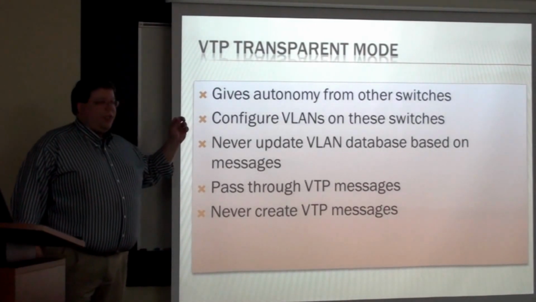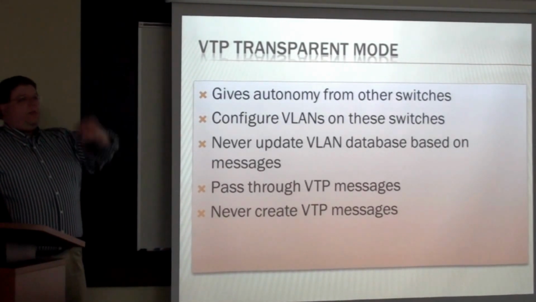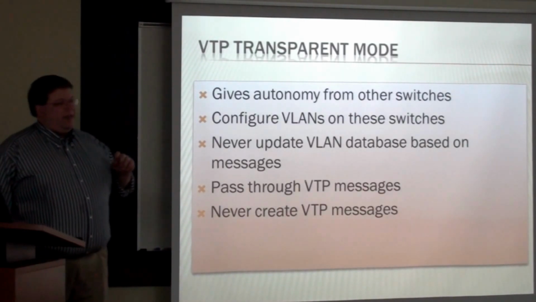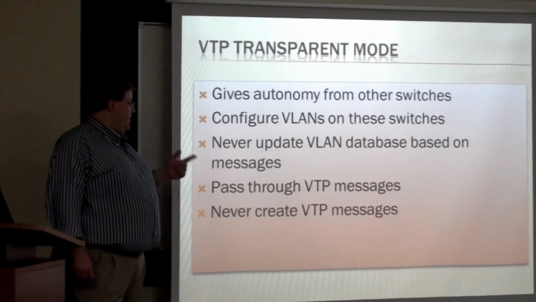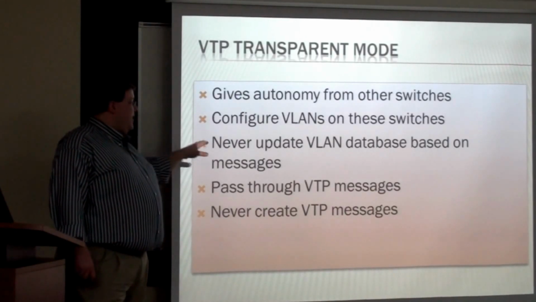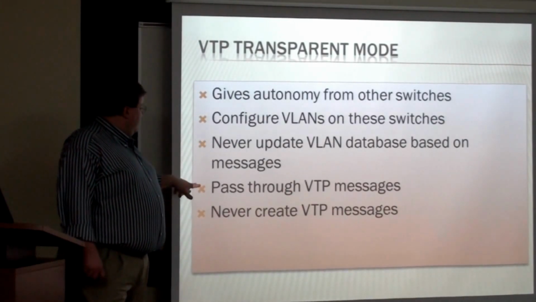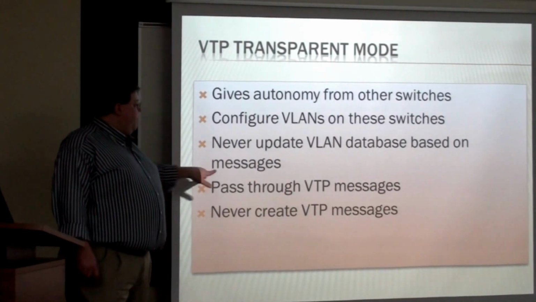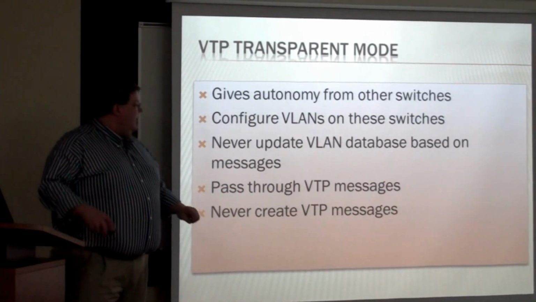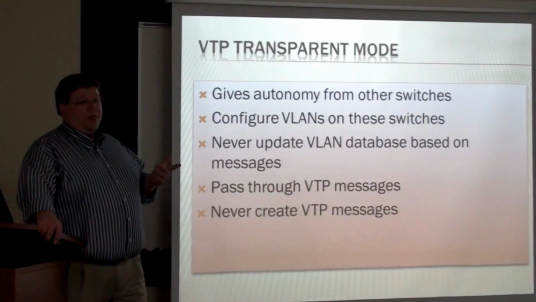You configure VLANs on these switches. It doesn't pull VLAN information from any other switch, and it will not send out that information to other switches. It never updates the VLAN database from VTP. But it will allow VTP messages to pass through.